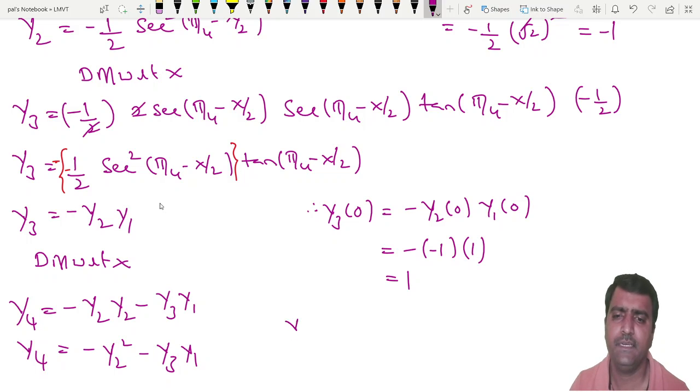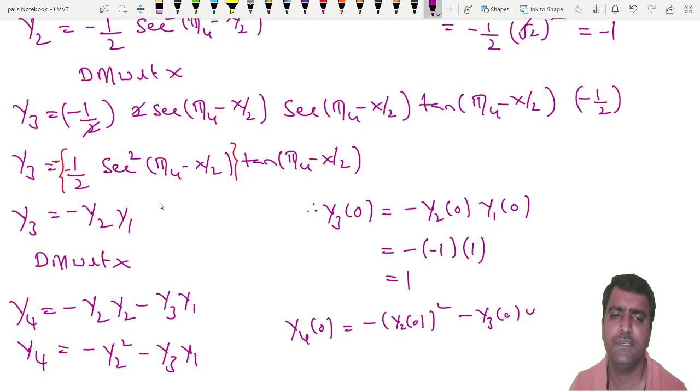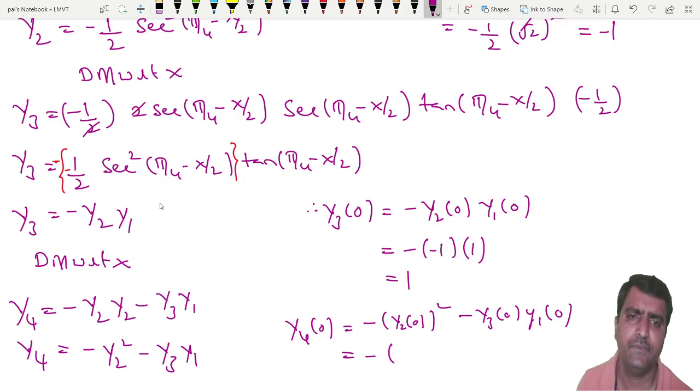Now calculate what is y4 of 0. y4 of 0 is equal to minus of y2 of 0 square minus y3 of 0 into y1 of 0, which is equal to minus of y2 of 0, and y2 of 0 is minus 1. Minus 1 square becomes plus 1.